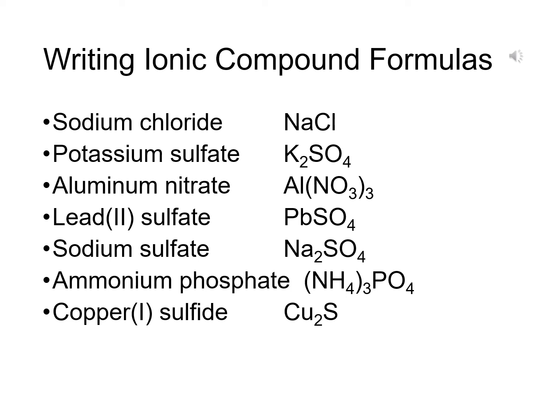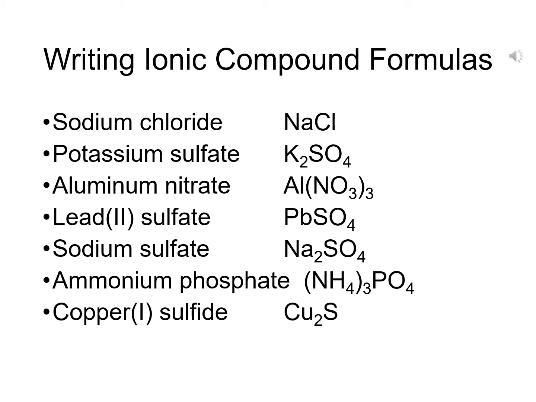Next, we have potassium sulfate. The symbol for potassium is K. Now, how did we know there were two potassiums? It doesn't tell us in the compound name for ionic compounds. Well, we have to know the charge on the sulfate ion. The polyatomic ion sulfate has a charge of -2.